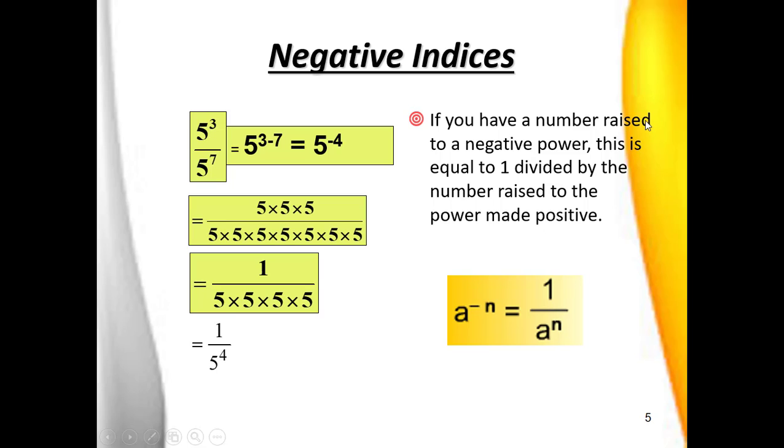So when you have a number raised to a negative power, this is just equal to 1 divided by the number raised to the power that is made positive. That means we remove the negative, so it's positive. Okay, so that's how the 0 and the negative indices came about.